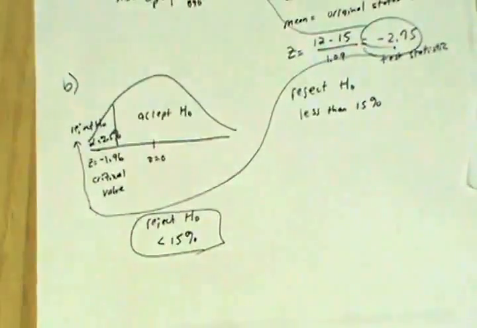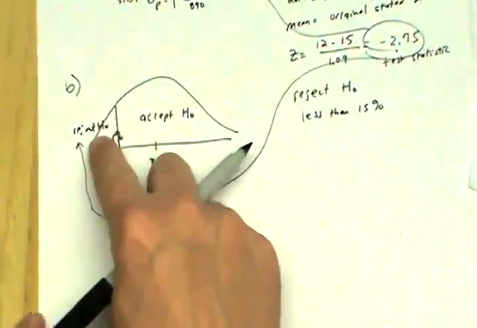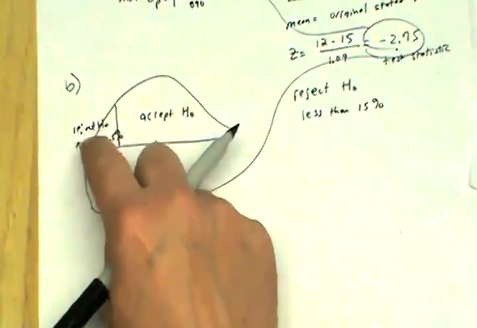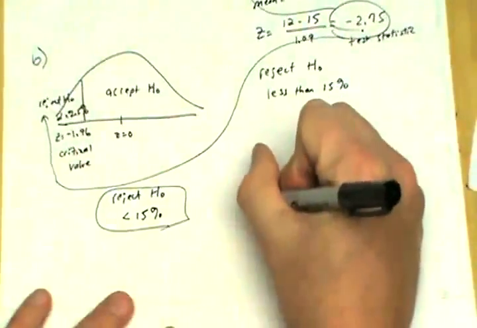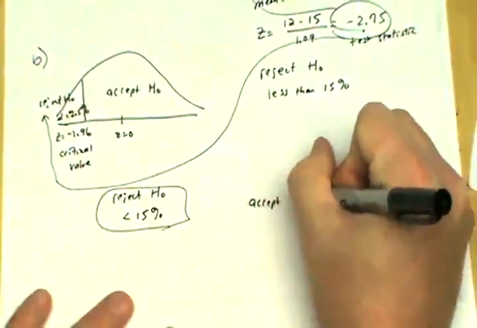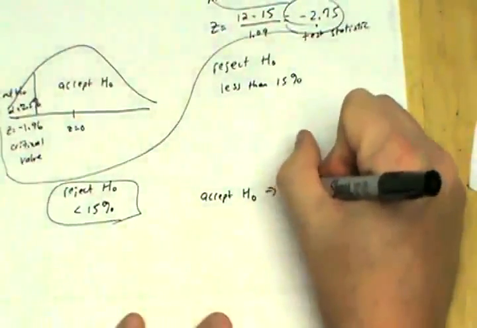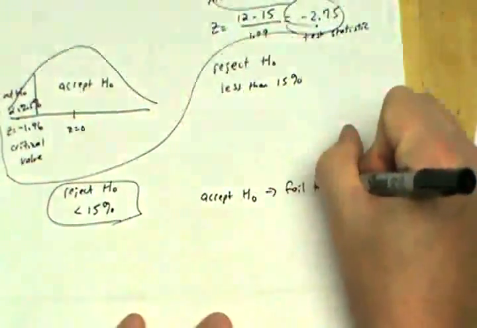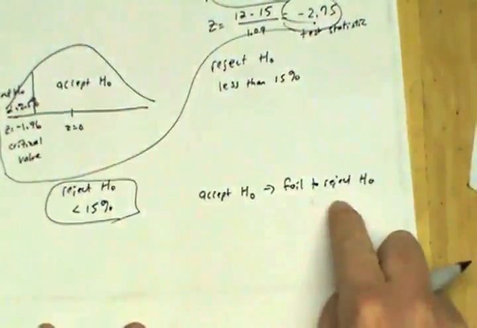Now, most textbooks don't use the terminology accept H0 and reject H0. I like to use this because I always say to my students, reject H0 always goes in the tail. That's just always the way it is. But what normally happens in textbooks is the language for accept H0 is always fail to reject H0. But of course, if you fail to reject, you're really accepting.